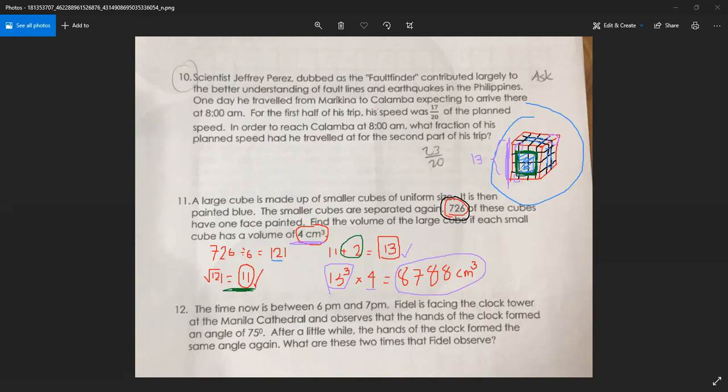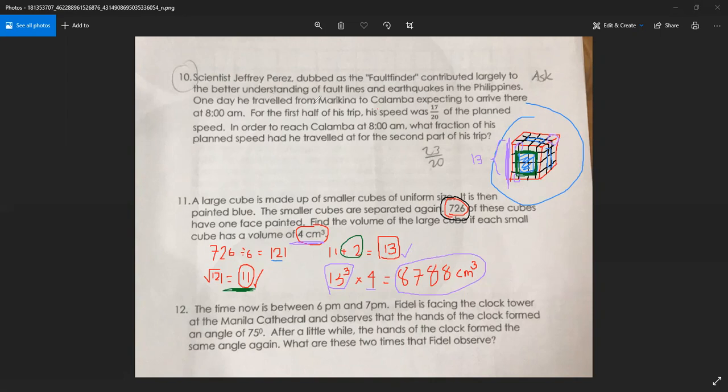Again, what's your question again? 121 is the amount of cubes on the one side. Okay. This must have been discussed to you before. How am I going to say that one? Wait lang. I'm thinking of a simpler word for that one. Okay, not the area.